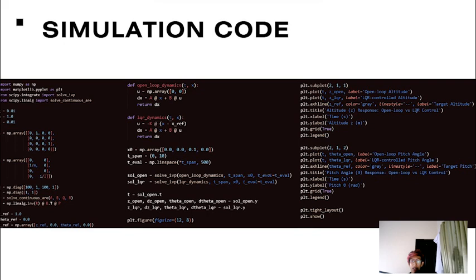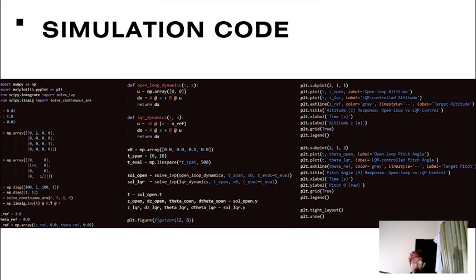It defines the linear state space system and computes the optimal feedback gain matrix K using the continuous time algebraic Riccati equation. The simulation includes two scenarios: an open loop system without control, where the quadcopter receives no input and remains in its initial state, and a closed loop system using LQR feedback to drive the state toward a reference target, which is hovering at 1 meter altitude and 0 rad pitch.